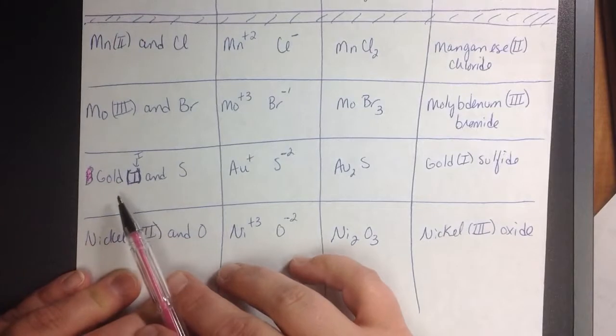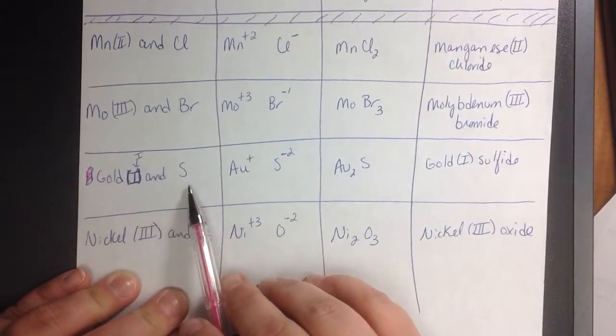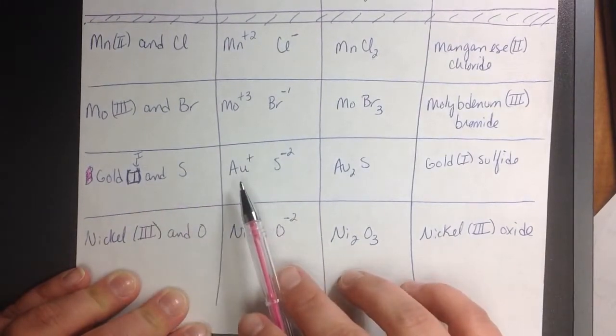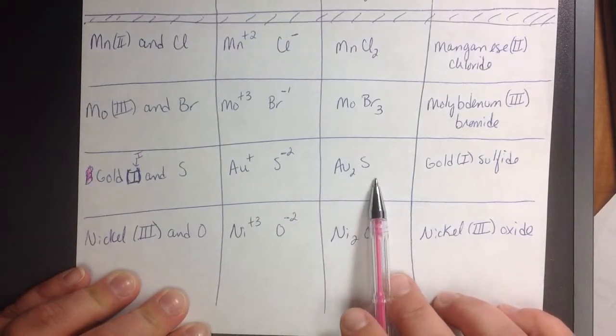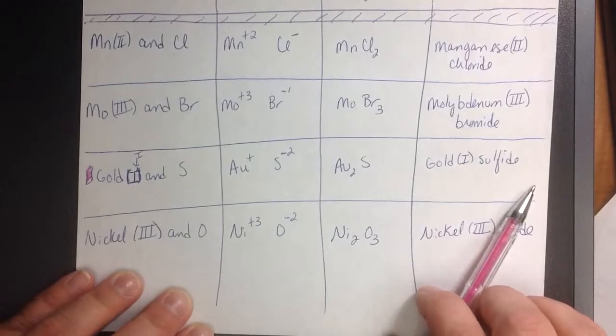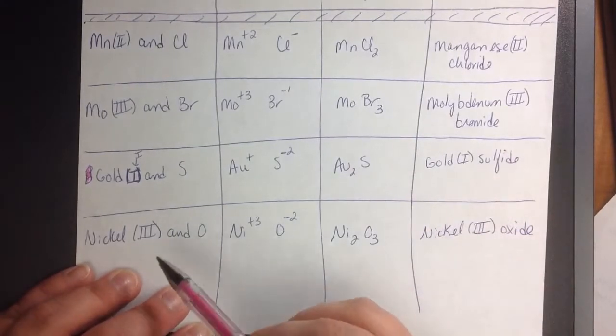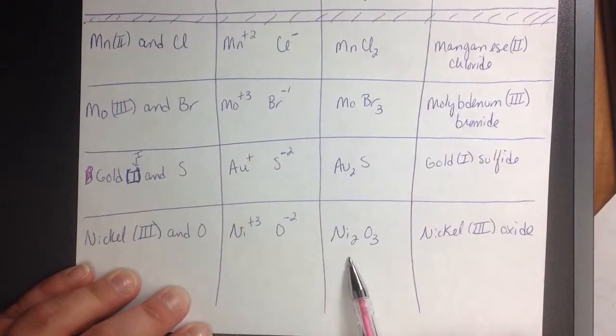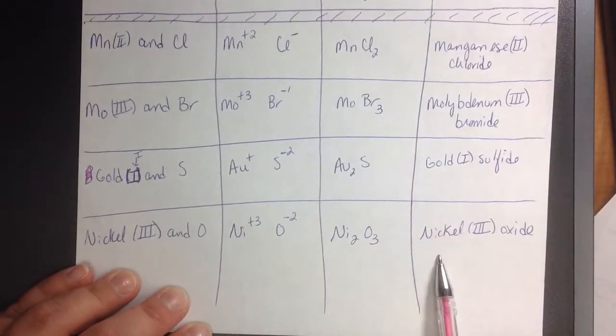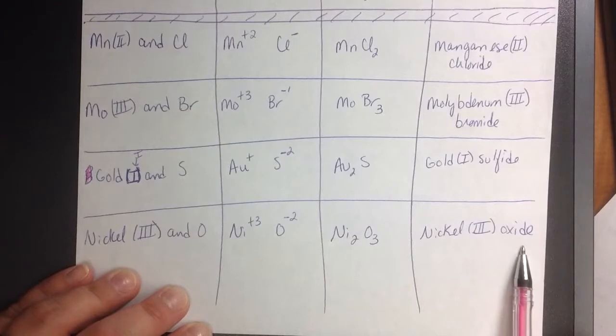Okay, this is gold 1 and sulfur, so it becomes Au+ and S2-, so Au2S, gold 1 sulfide. Nickel 3 and oxygen becomes Ni2O3, nickel 3 oxide.